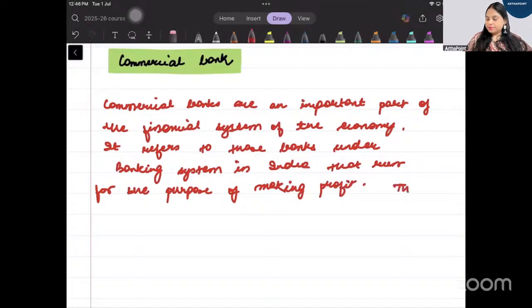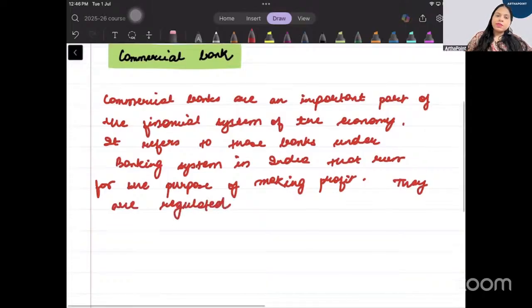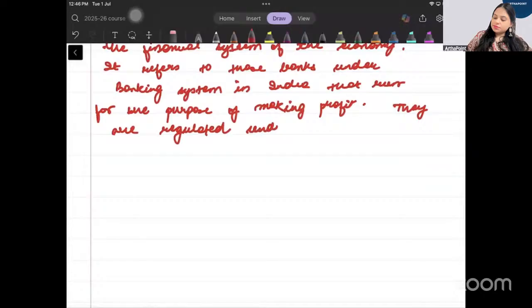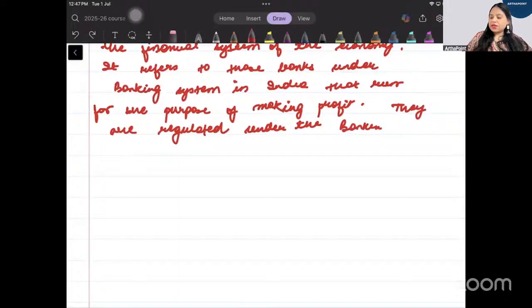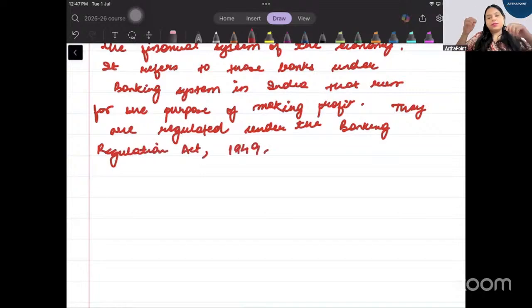They are regulated under the banking system, under the Banking Regulation Act 1949, right?